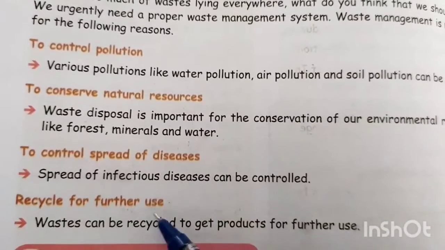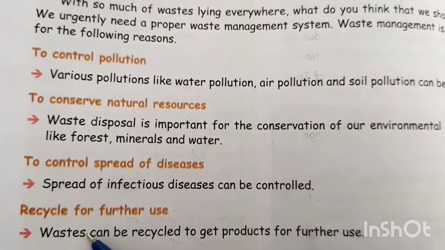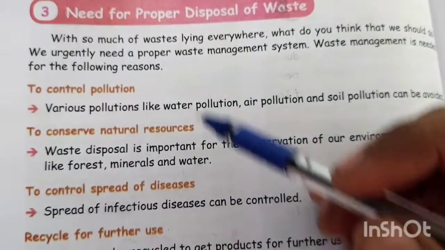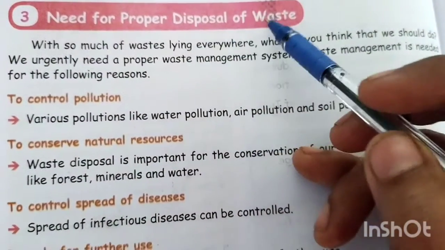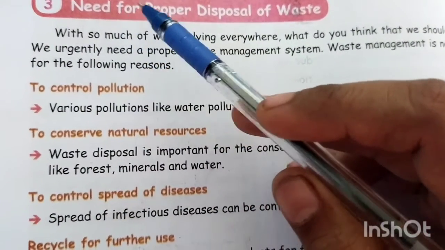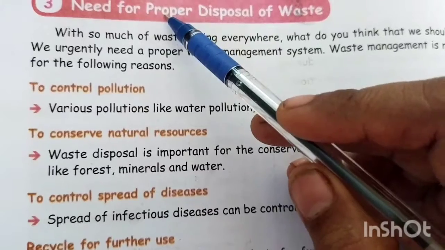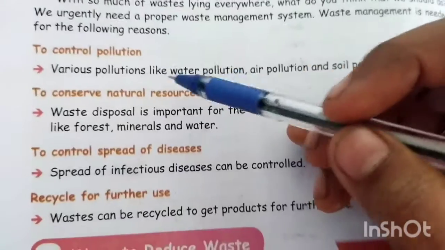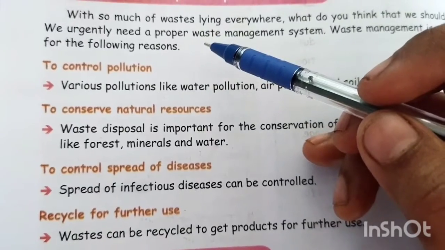So we can reuse the wastes again. So students, for these purposes, disposal of waste is needed. It is an important one. We have to throw the waste in a proper way to prevent these many problems.